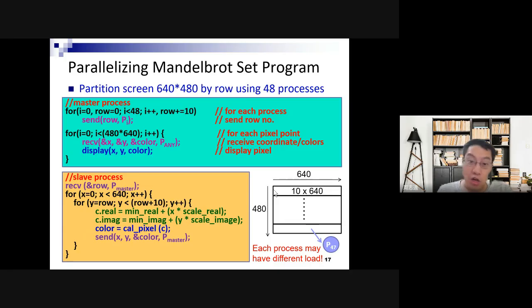And also, there's no way for you to know the amount of computation for each pixel in advance, because you don't know the value until you do the computation. So in order to make sure the workload is evenly balanced, you actually have to apply the dynamic scheduling strategy, so you can have a more even load across all your slave processes. So that's what's interesting for your homework too.